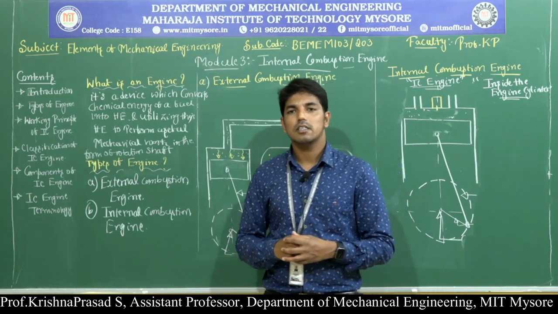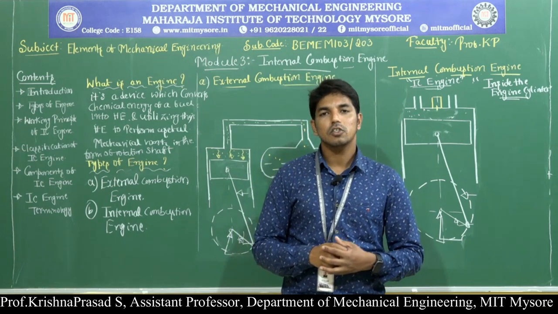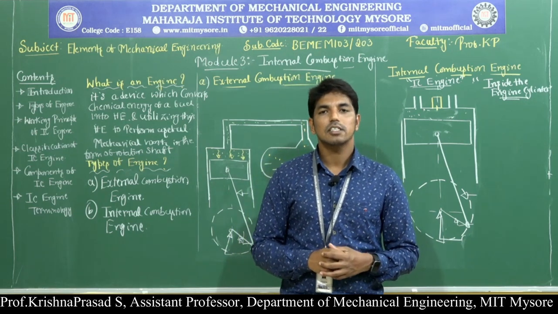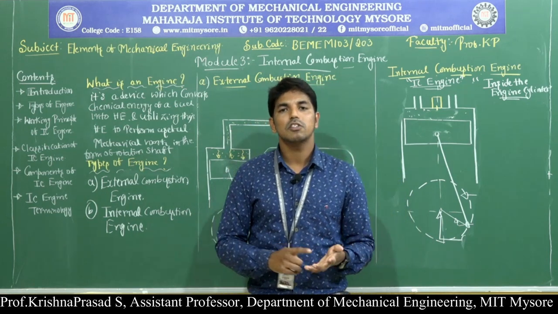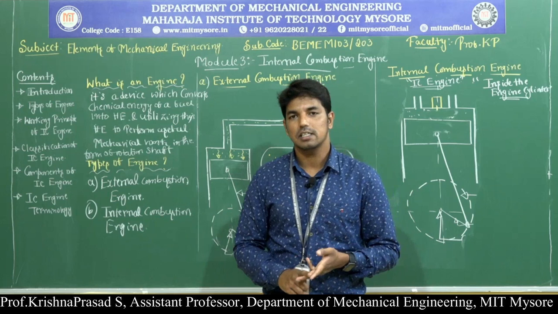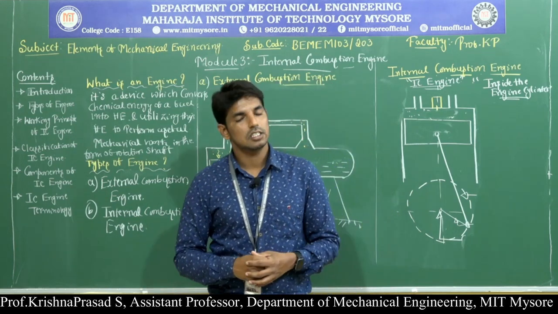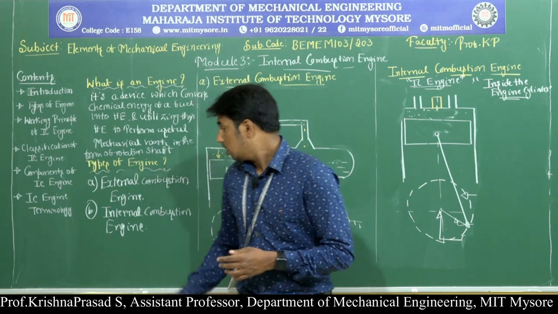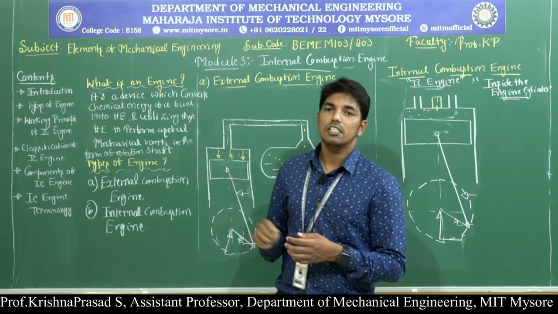There are various kinds of fuels: solid fuel, liquid fuel, and gaseous fuel. For solid fuel, the main fuel is coal. For liquid fuel, the main fuels are petrol and diesel. For gaseous fuel, they are biogas and natural gas. Based on that, the engines are classified as external combustion engine and internal combustion engine.